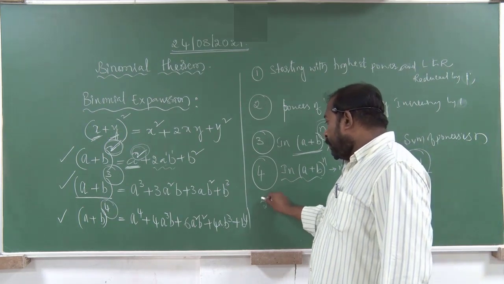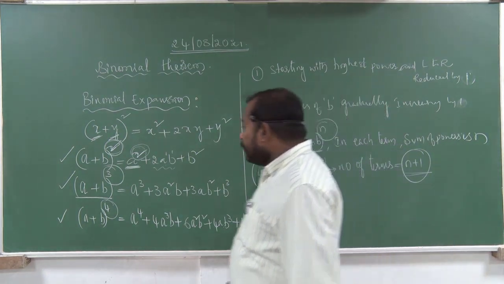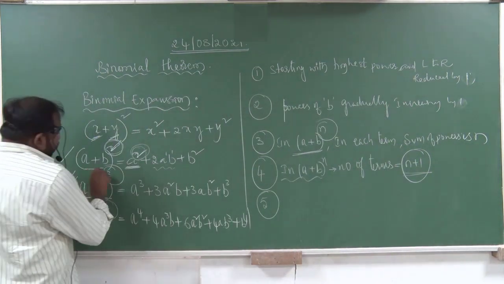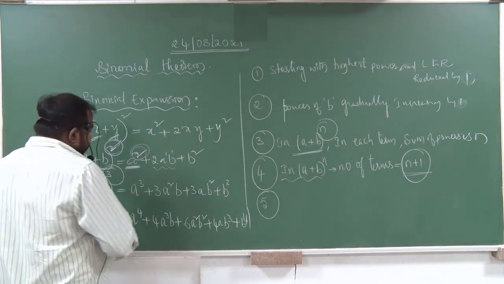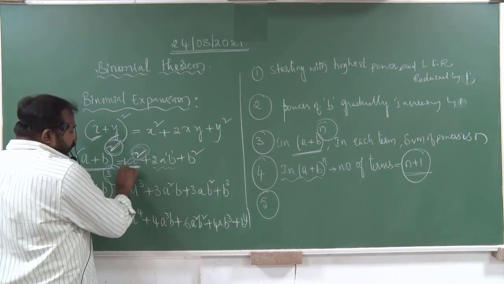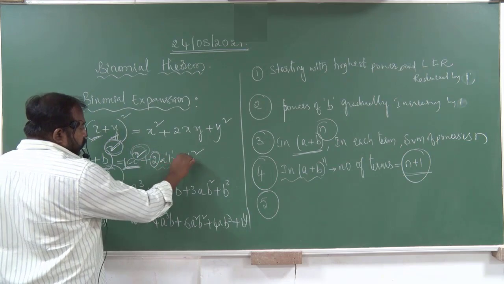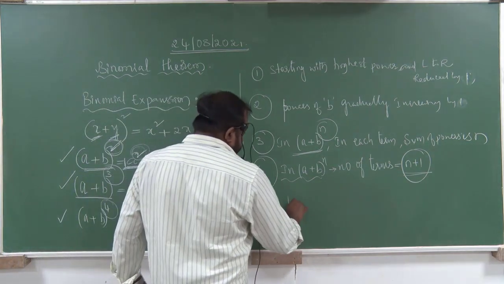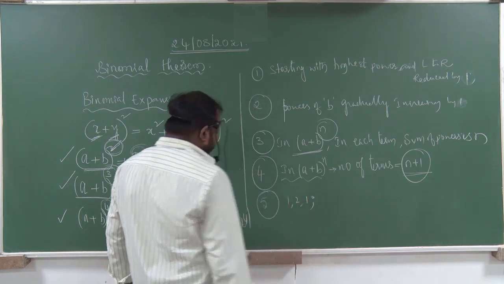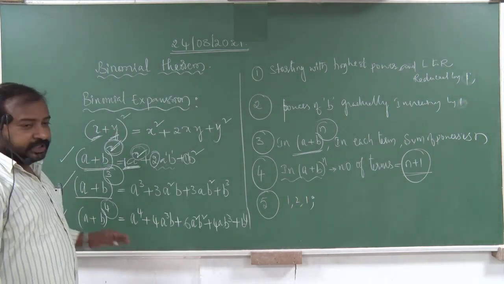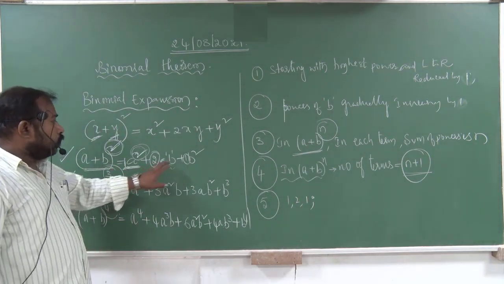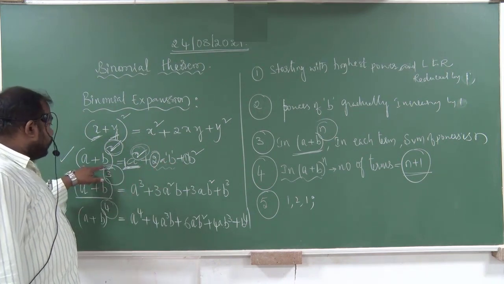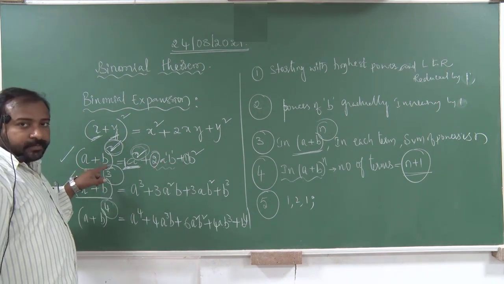Next, one more important point is there. Here if you observe, in a plus b whole square, 1 is there indirectly, 1 into a square. Here 2 is there, 1 is there. So here if you observe, 1, 2, 1, these are the coefficients in the expansion a plus b whole square.